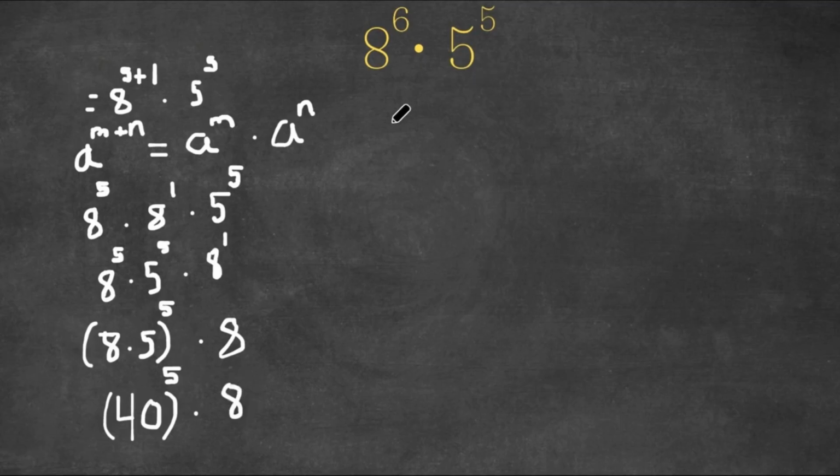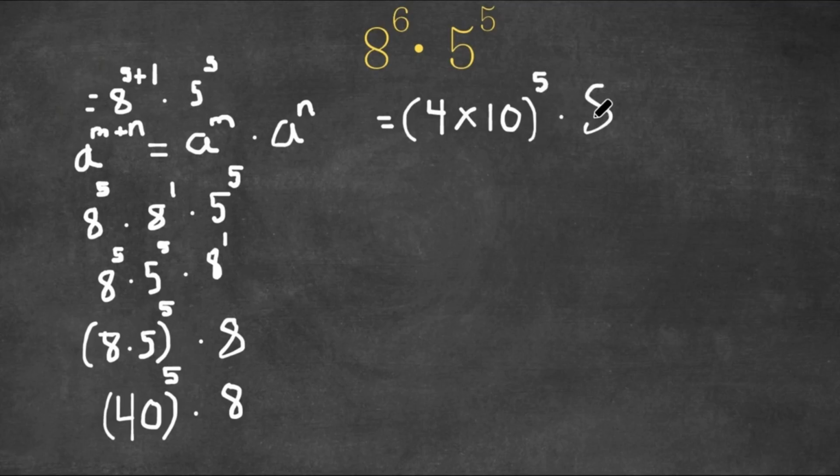Now 40 is actually equal to 4 times 10, right? So we have 4 times 10 to the power of 5 times 8. Now we're going to distribute the 5 to both terms here.